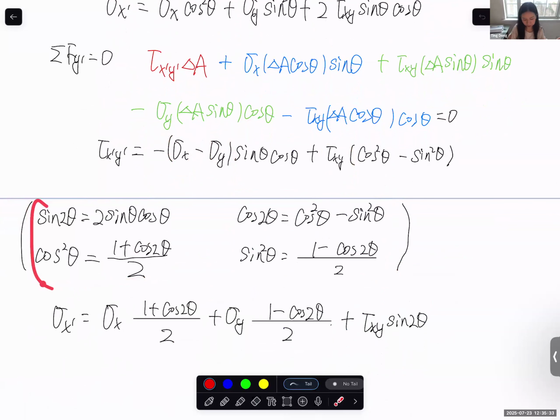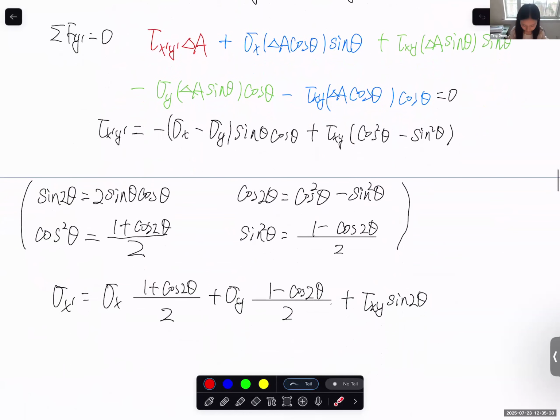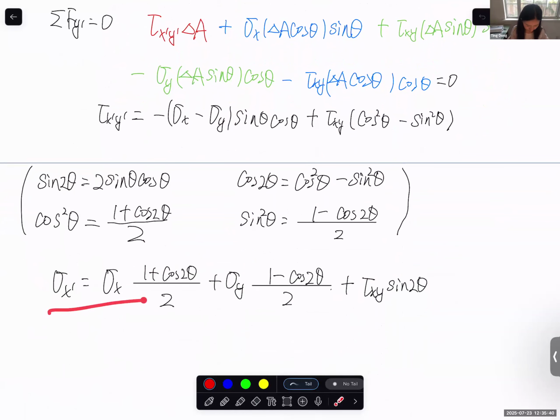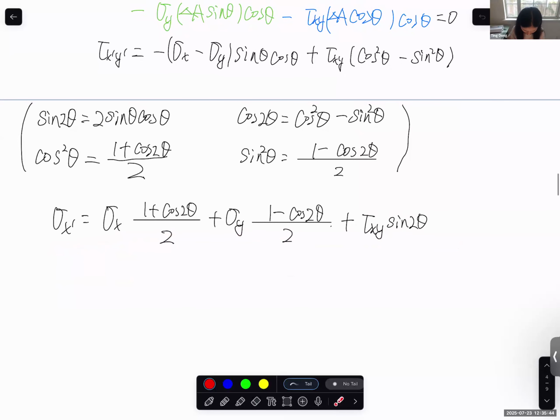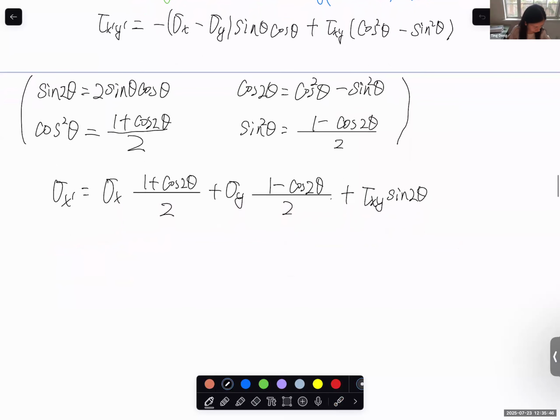And of course, this part is true. It's just pure math. It's not really the content of mechanics of materials. So now we get this equation for sigma x prime, and let's simplify it.